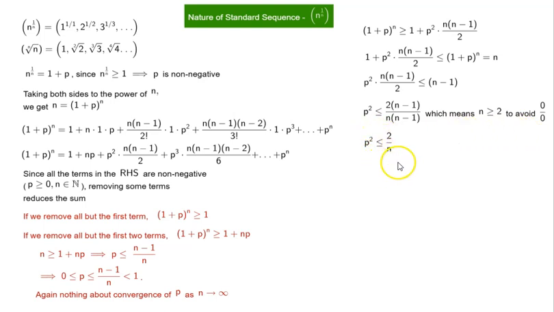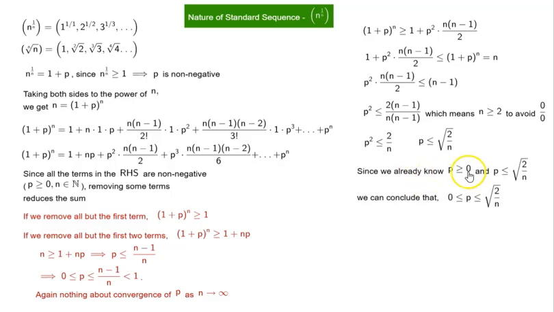So p square is less than or equal to 2 by n, or p is less than or equal to square root of 2 by n. So now we have got some specific upper bound which depends on n. Now, since we already know p is greater than or equal to 0, and now we have reached p is less than or equal to root 2 by n, we can conclude that p lies between them.